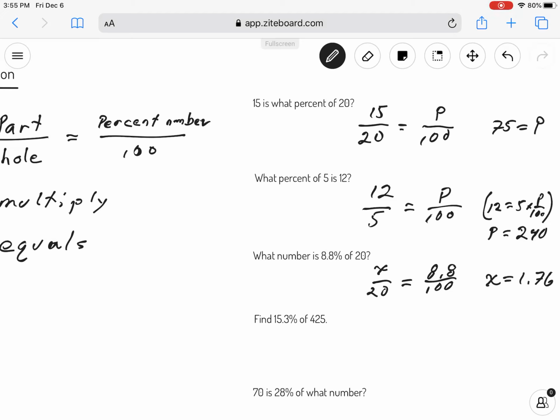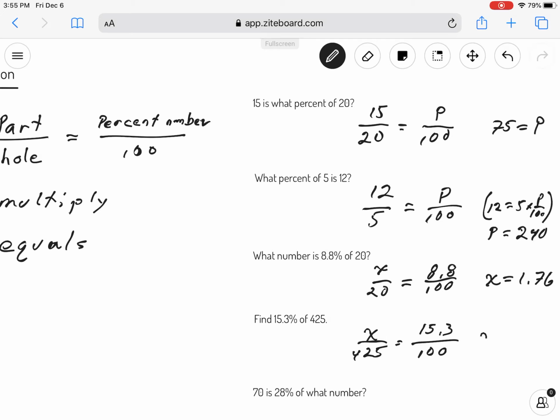All right, so now we want to find 15.3% of 425. Again, since I'm multiplying the 425 times the percentage, I'm finding the part. My whole is 425. It's 15.3 over 100.